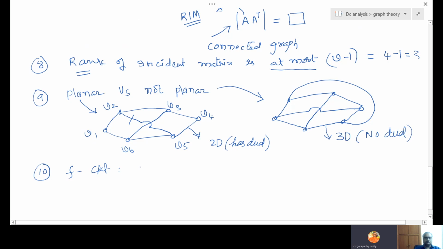Corresponding to each link, one loop is closed.